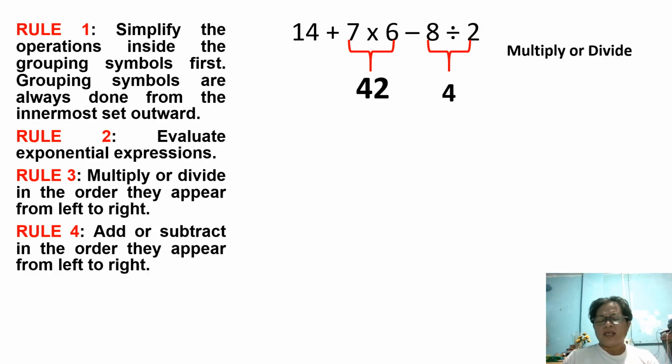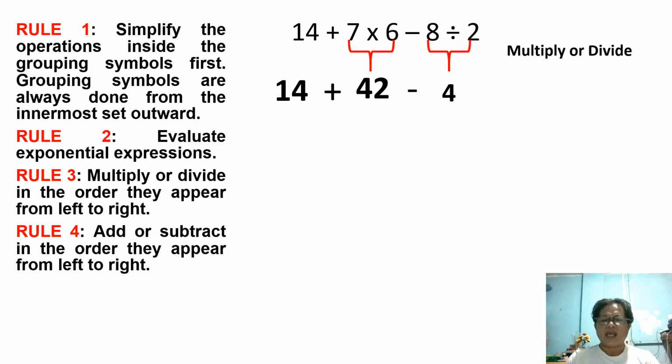The operation between multiplication and division, you have to copy or bring it down. And then prior to the multiplication, the operation there is addition, and there is a remaining number which is 14. So you have to bring it down.